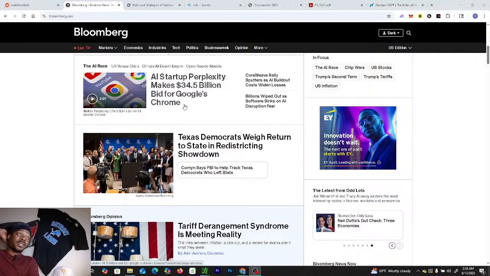As far as Perplexity doing it, I don't think so. And by the way, Perplexity is not even a publicly traded company. So if you think, oh, let's jump ahead and try to invest in Perplexity, it's not publicly traded, it's private. They did say that they will get the funding from private investors or loans or however they plan to do it.